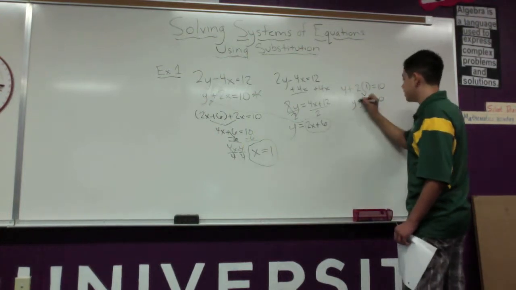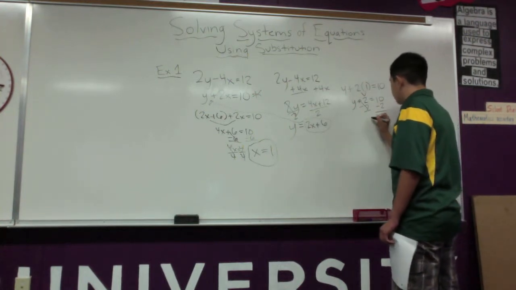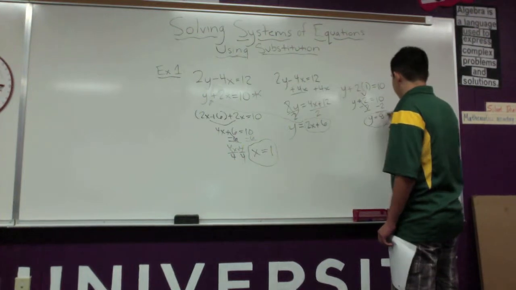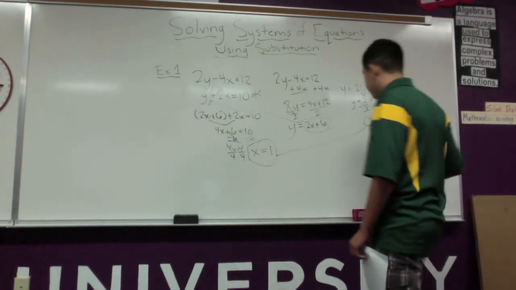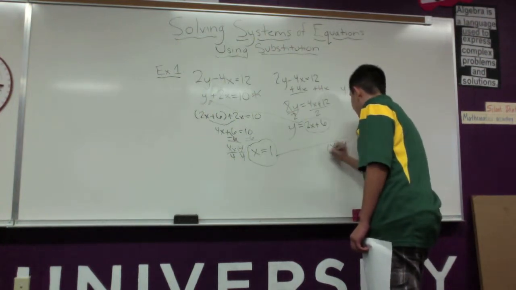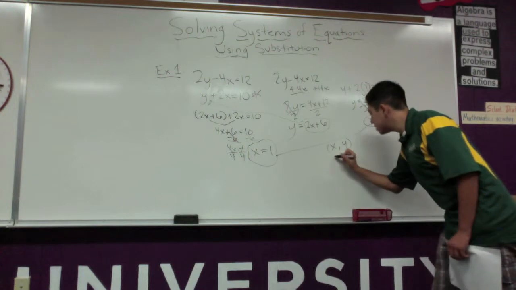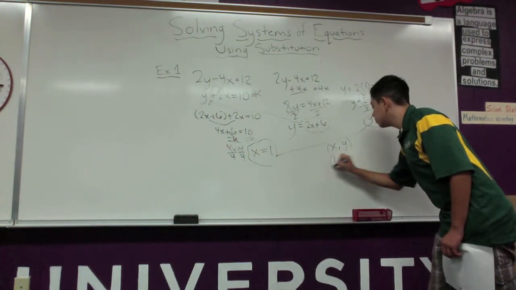Subtract 2 from both sides, that equals 8 equals y. So we found our solution, which is in this format: x equals 1 and y equals 8.